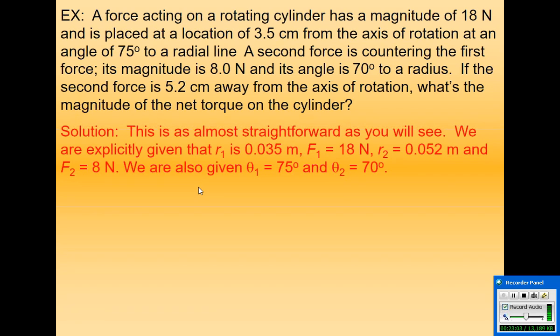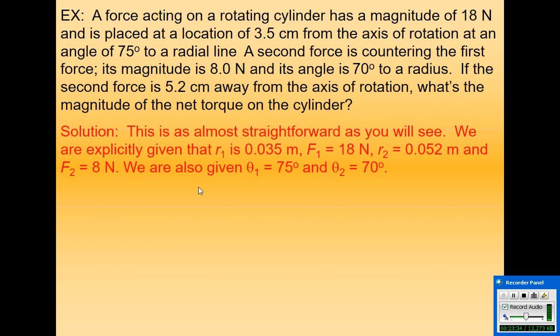Now, in that formula, R F sine theta, you can get away with using the value of theta that's between 0 and 90, as long as it's the angle between the force and the radial line. The second force has a magnitude of 8 newtons. It is making an angle of 70 degrees, and it is 5.2 centimeters away from the axis of rotation. What is the magnitude of the net torque?